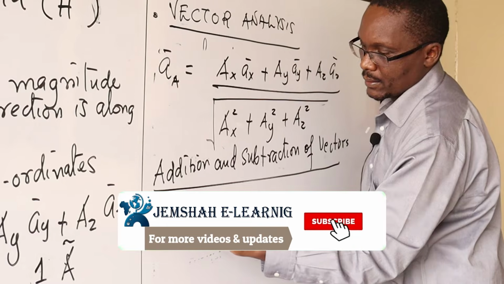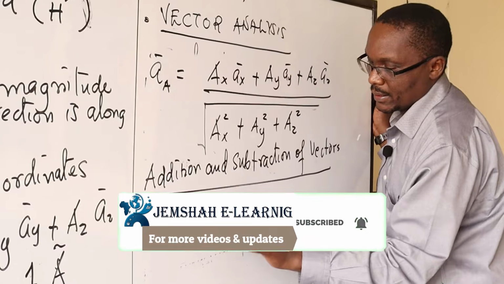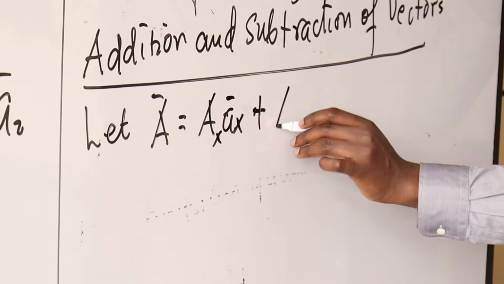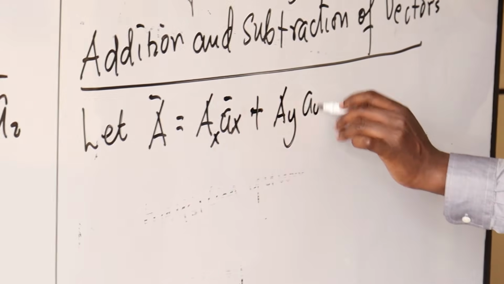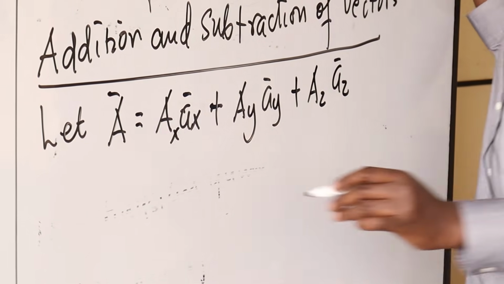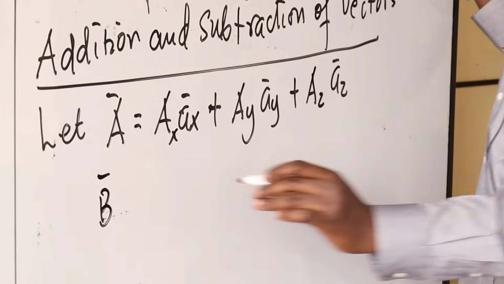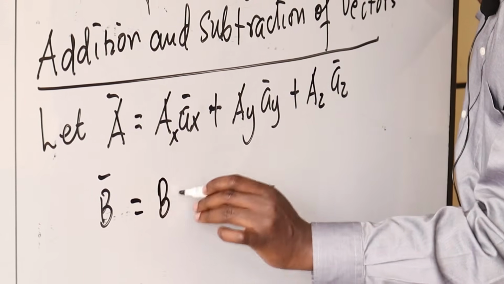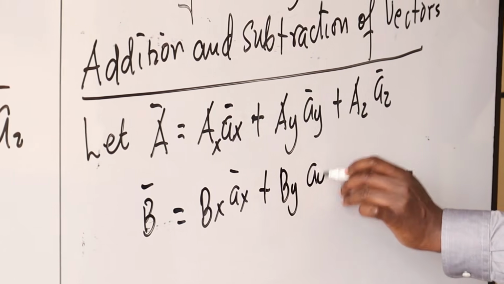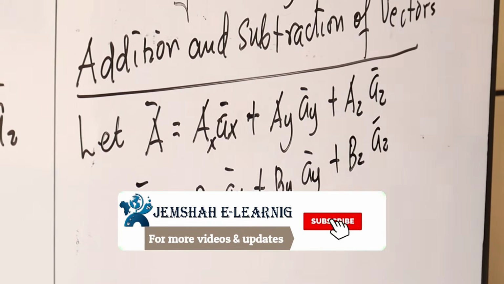Let A bar be represented as AX plus AY plus AZ in their respective directions, and B bar be represented as BX AX plus BY AY plus BZ AZ, like so.